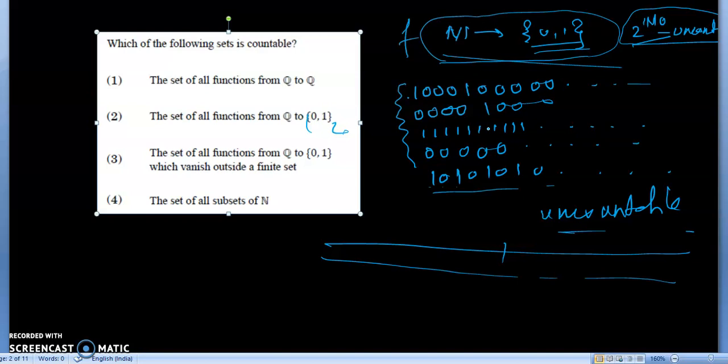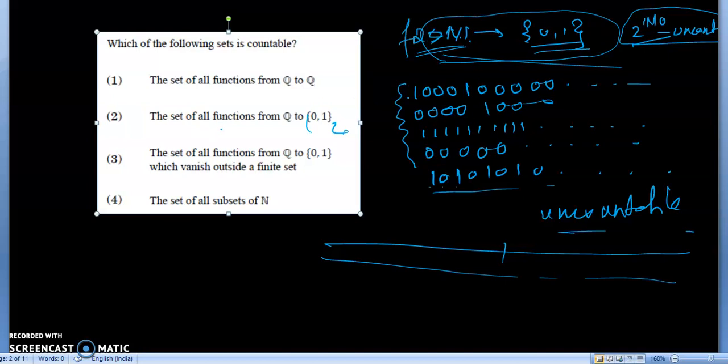I think you understand that the number of functions from N to {0, 1} is uncountable. Since Q is a superset of N, obviously the number of functions from Q to {0, 1} is also uncountable.